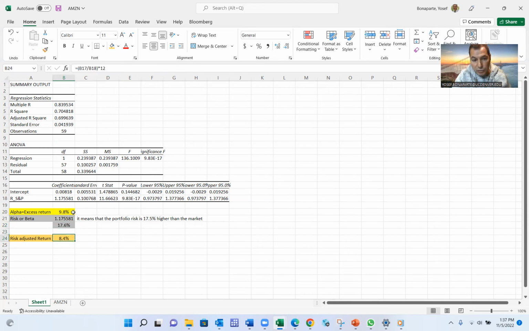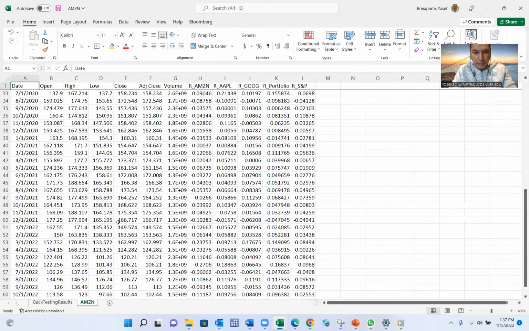And then the risk-adjusted return of your portfolio is 8.4%. So that's pretty much what I call backtesting. I'm going to rename here, backtesting result, and then here I'm going to name the data. And then you will have this in your folder.